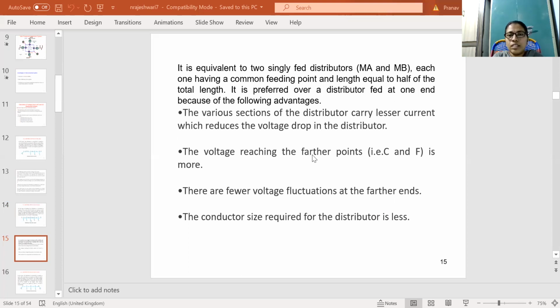The voltage reaching the farther points, that is C and F, is more, and therefore there are fewer voltage fluctuations at the farthest end, because the total voltage reached is high. The conductor size required for the distributor is also less.